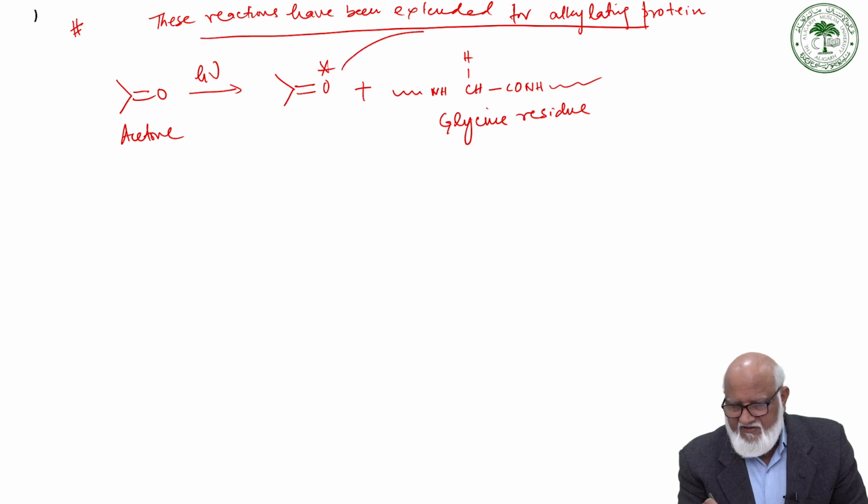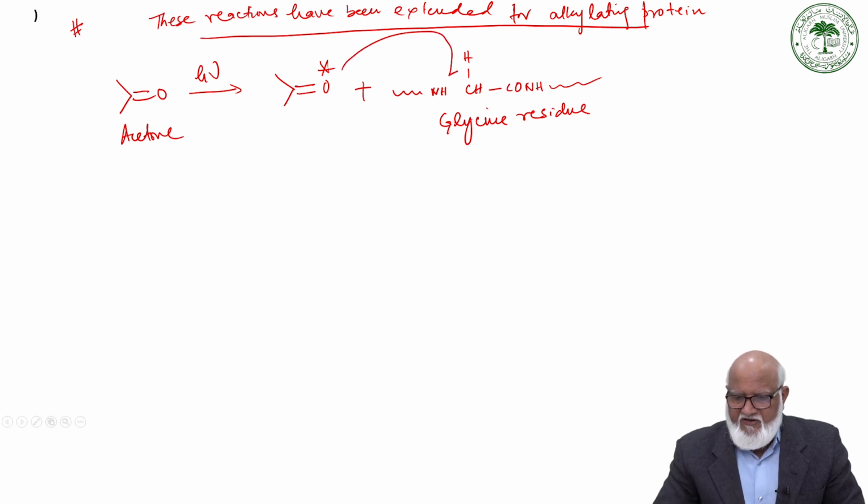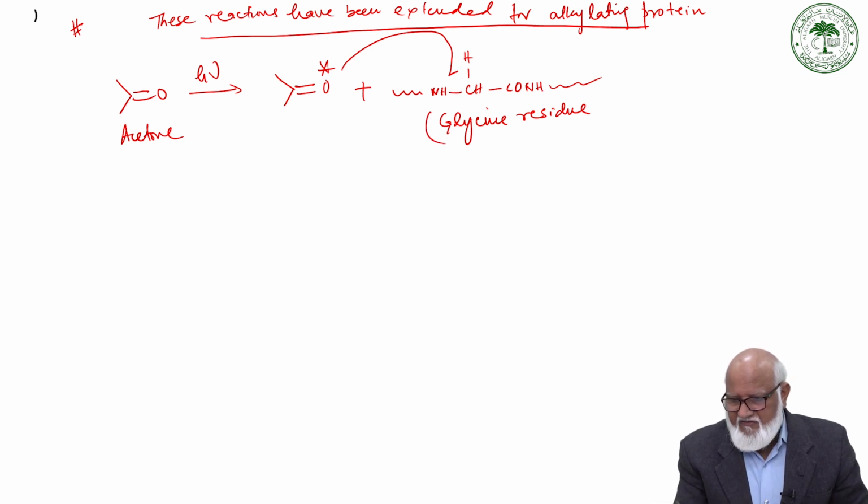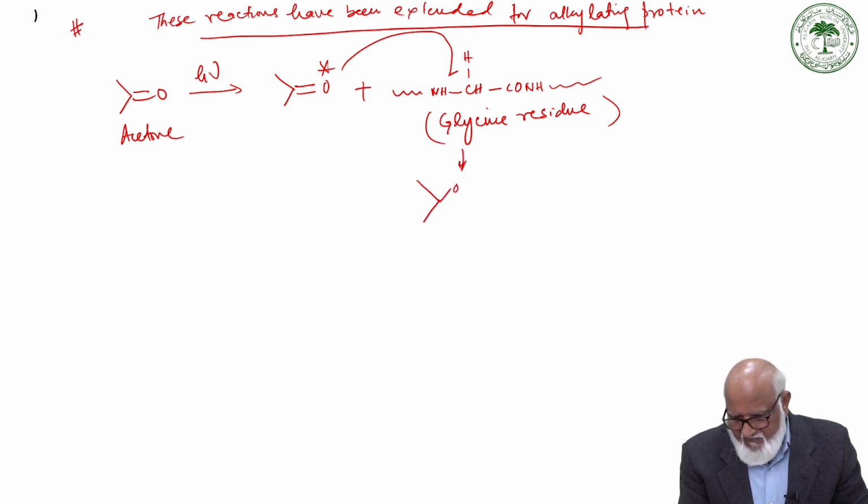So the excited acetone abstracts a hydrogen atom from the glycine residue to generate a ketyl radical plus NH, CH, CONH.